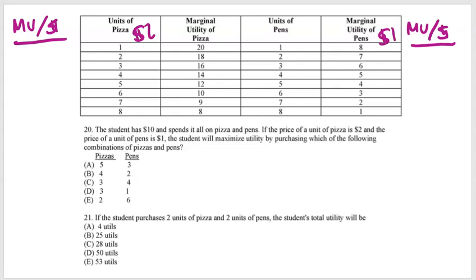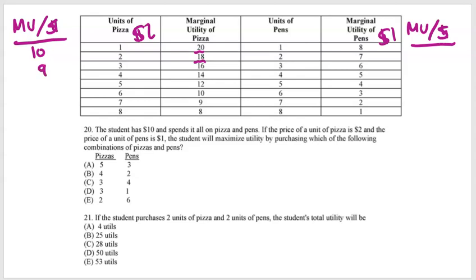To find the marginal utility per dollar for pizza, because we're going to do that one first, remember, it's just the marginal utility divided by the price. So we take 20 divided by 2. For the first unit of pizza, the marginal utility per dollar is 10. For the second pizza, you take the marginal utility of the second pizza, 18, divided by the price, $2 again. So for the second unit of pizza, it's 9.